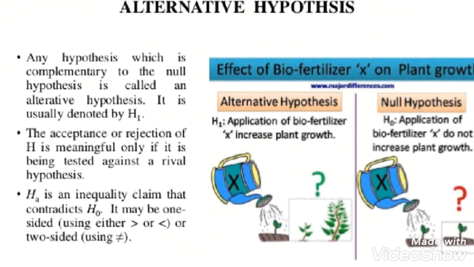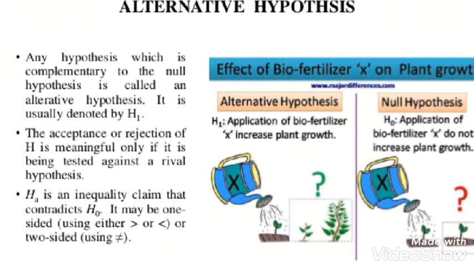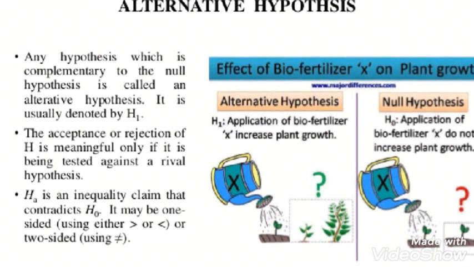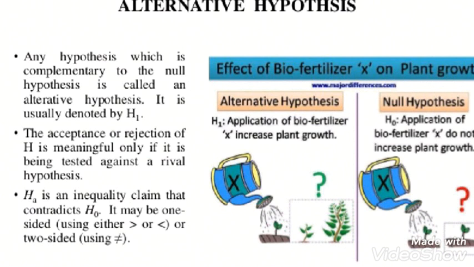The seed in which you were not watering was the null hypothesis, whereas the seed which you were watering will obviously become a plant after 30, 40 days. So that is your alternate hypothesis that will give you a result and it will possibly be accepted.